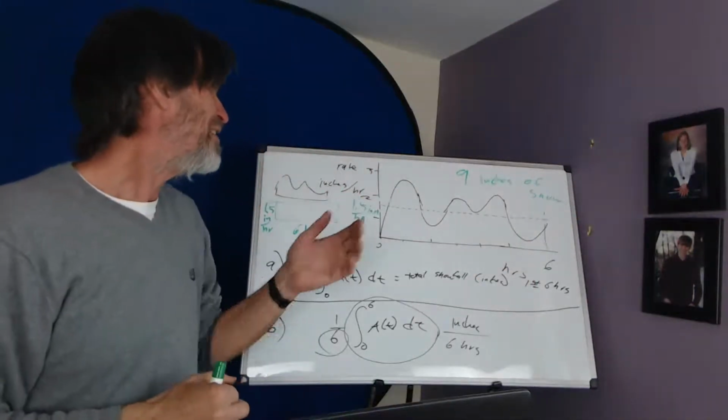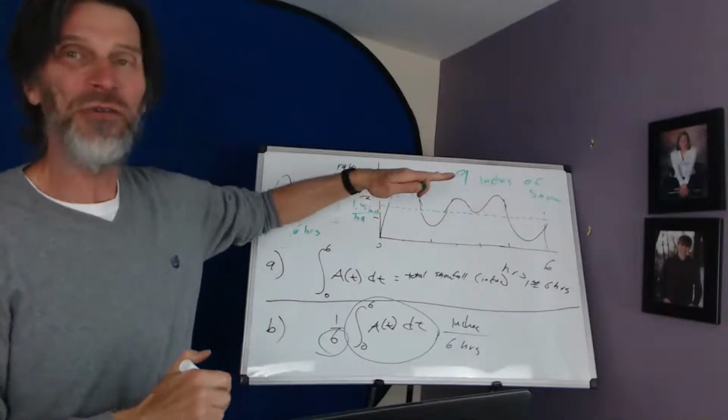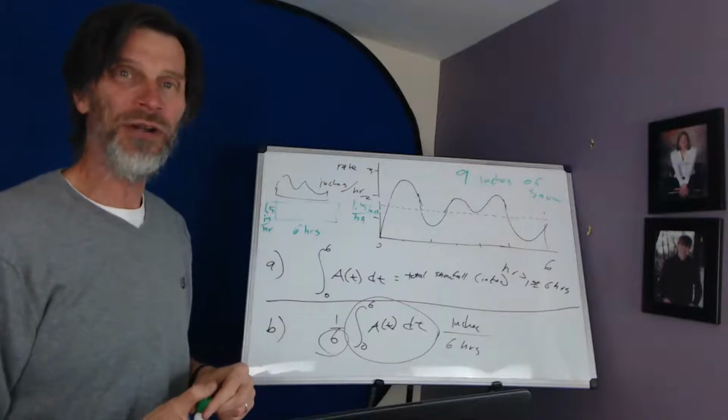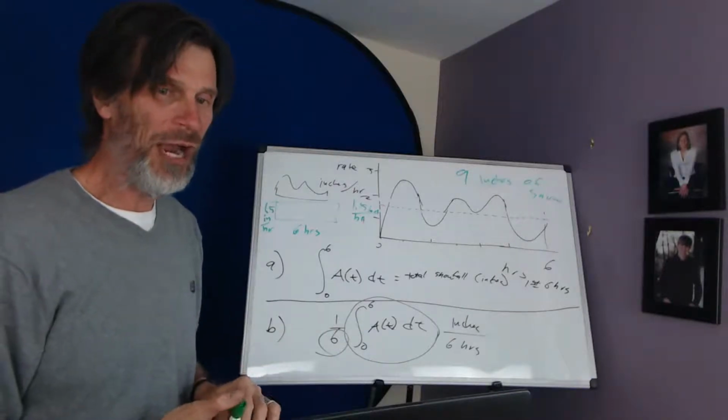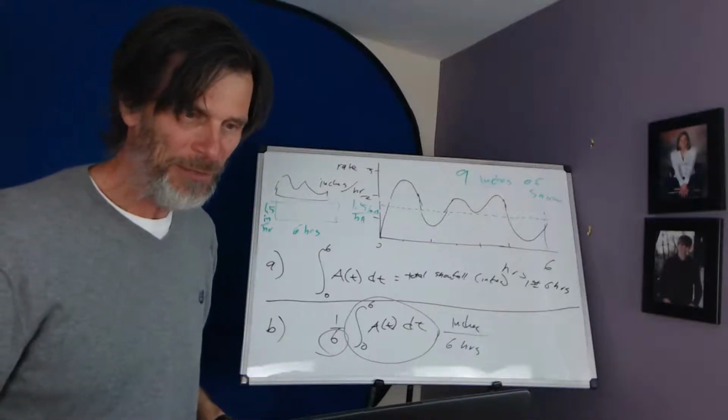So again, in my opinion, it's much easier to strike that average line, do part D first, and then go back and get part C. But part C, if you want to try to estimate how many squares you have there, yeah, that works as well.